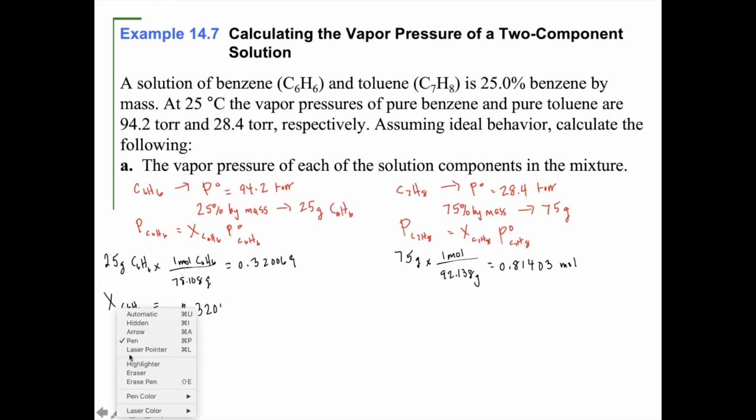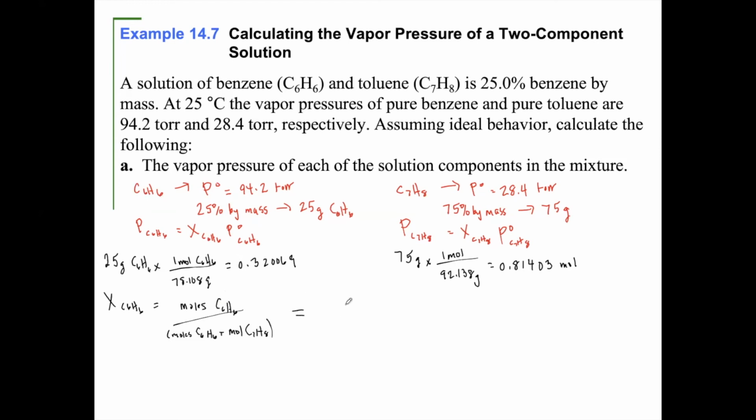Actually, I gotta get in the better habit of writing the variables out. I mean, you guys get it, right? Okay, so that would be the moles of benzene divided by the moles of benzene plus the moles of toluene.